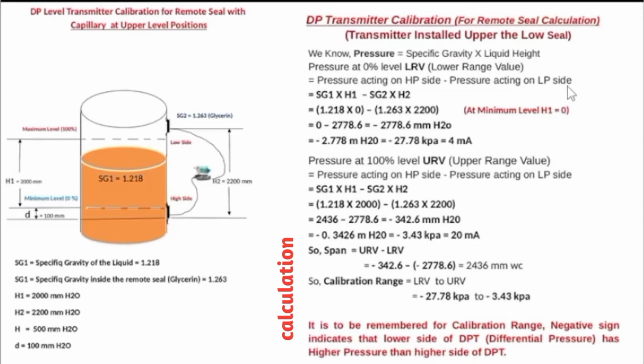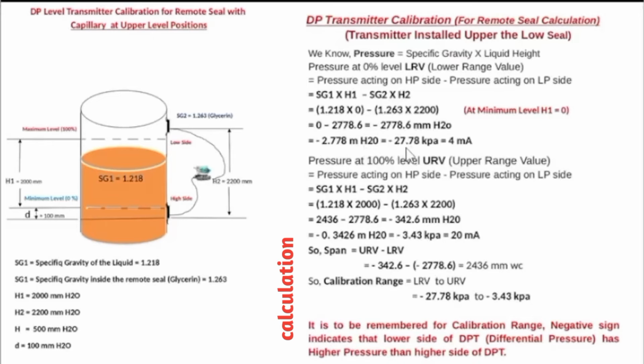the pressure acting on the LP side, that means this side pressure, is equal to height 2200 millimeter, and specific gravity inside the remote seal 1.263. Now we can calculate from this minus 2.778 meter of water column.